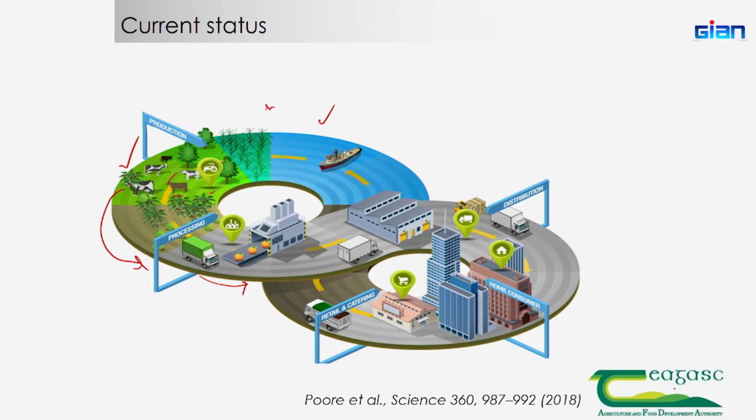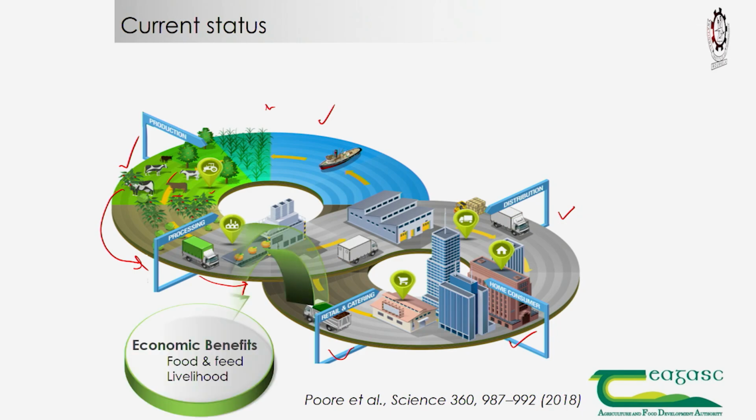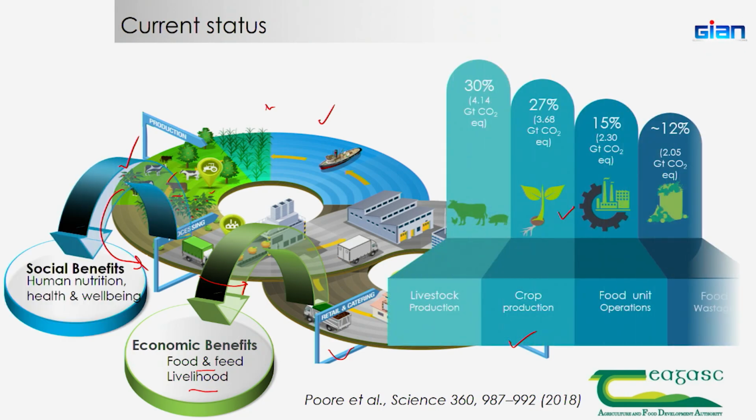That's the problem with the circle, where to start. Yeah, you produce it, you process it, you do the distribution, home consumer or retail or consumption. So this is the way the circle is completed. Yeah. So what do we get out of this agri-food system? Economic benefit, food and feed and employment, correct? What social benefit do we get?